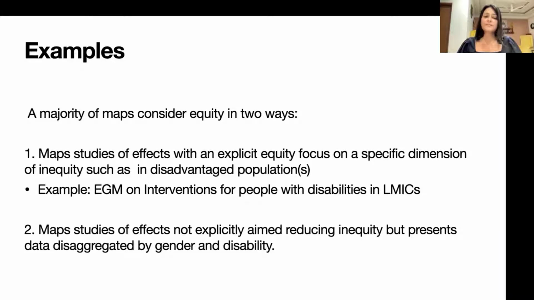Another way is incorporating studies that might not be explicitly aimed at reducing inequity, but do report data disaggregated by gender and disability. The majority of maps use this approach. Some examples could be the evidence and gap map on road transport, and the evidence and gap maps on child well-being and violence against children, though violence against children might fall in the first category as well.